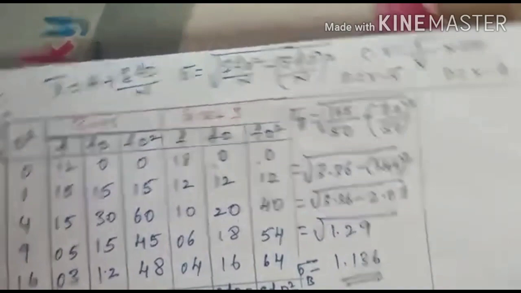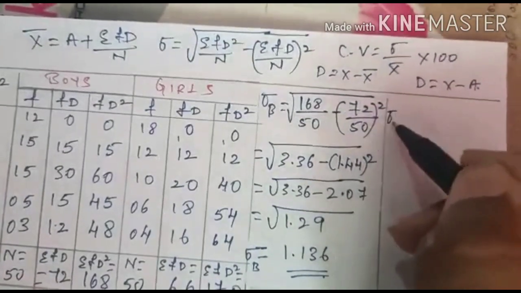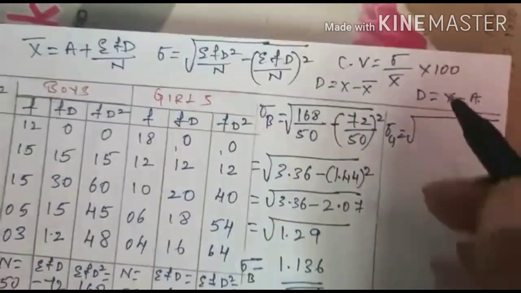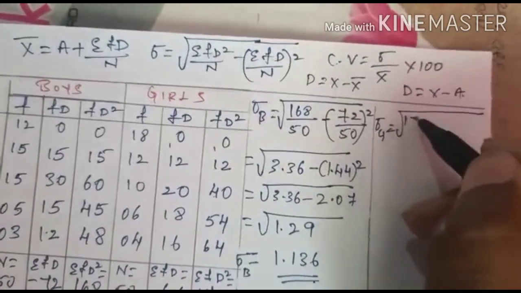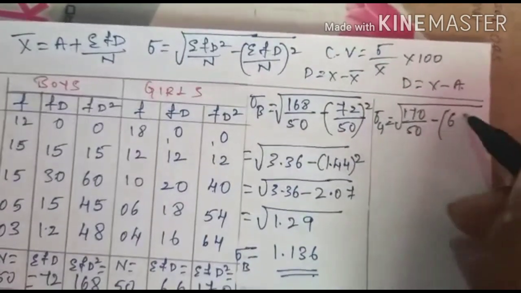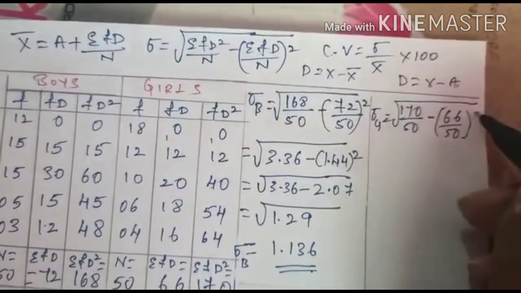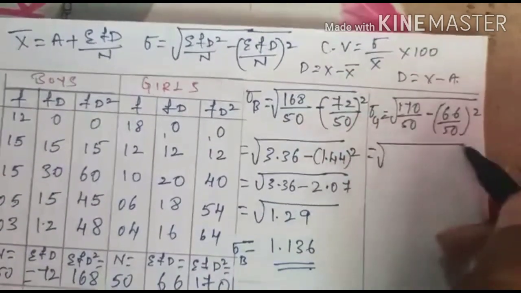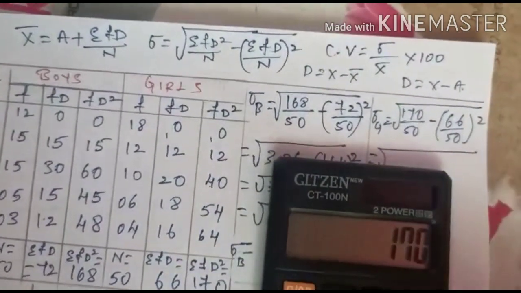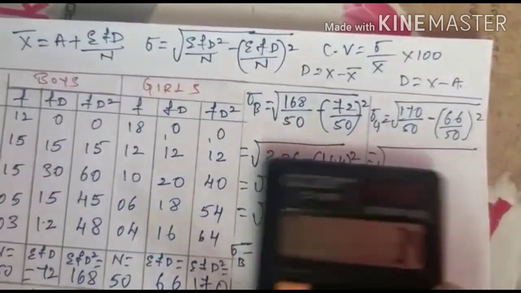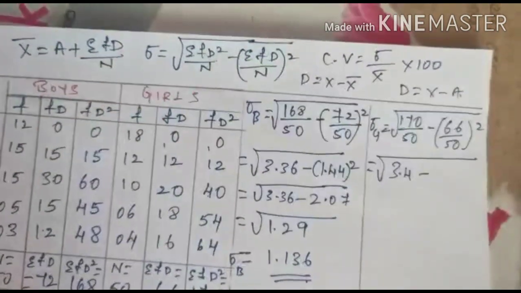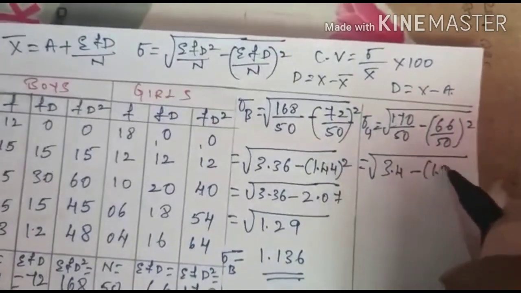Now similarly find the standard deviation for girls. Sigma fd square, 170 divided by 50, minus 66 divided by 50 whole square. So 170 divided by 50 is 3.4, minus 66 divided by 50, which gives 1.32, whole square.